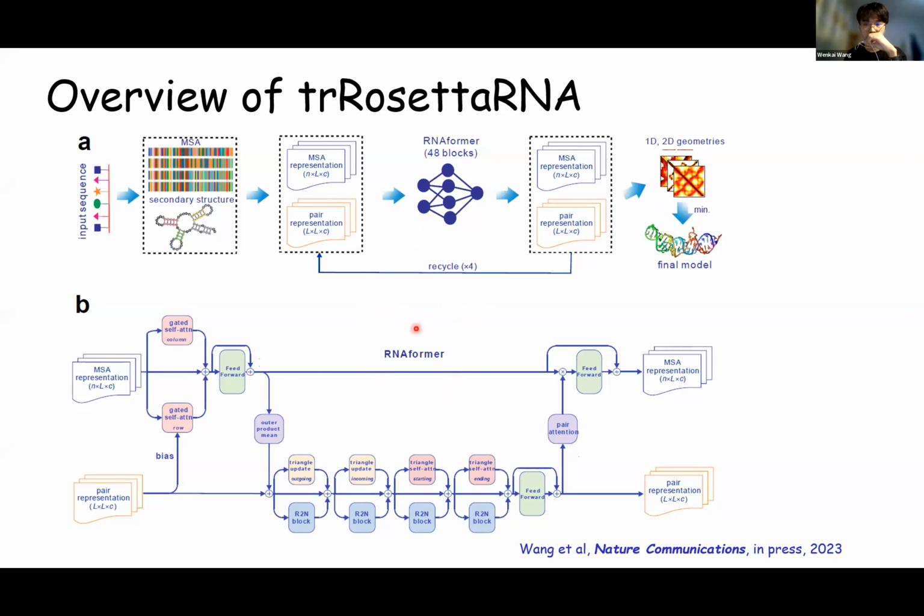That is to interactively update the MSA representation and the pair representation with the attention modules. The main modification here is that we use a multi-scale convolutional module named ResNet to assist the channel update. This can enhance the ability of the network to model the local details.